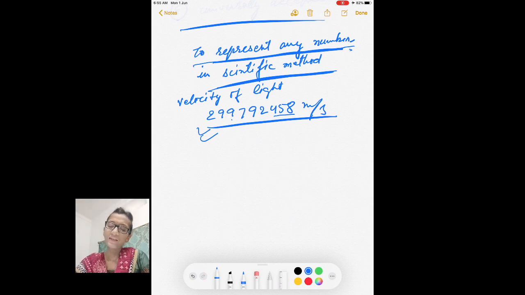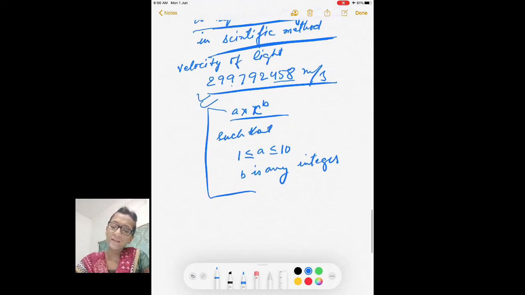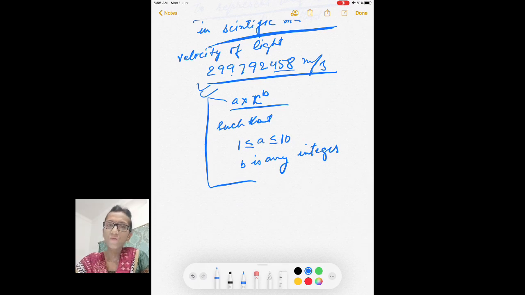So we represent it in a scientific method in this way: A into 10 to the power B. If you represent this number in this way, such that A comes in between 1 and 10, and B is any integer, then such representation is called scientific representation of any measurement, any number.